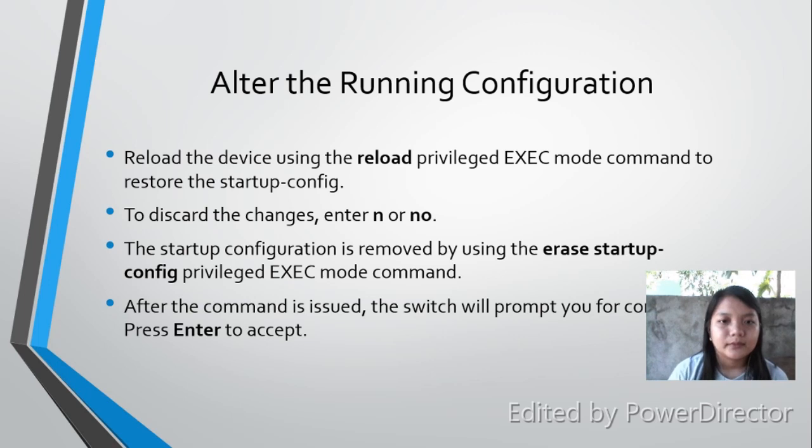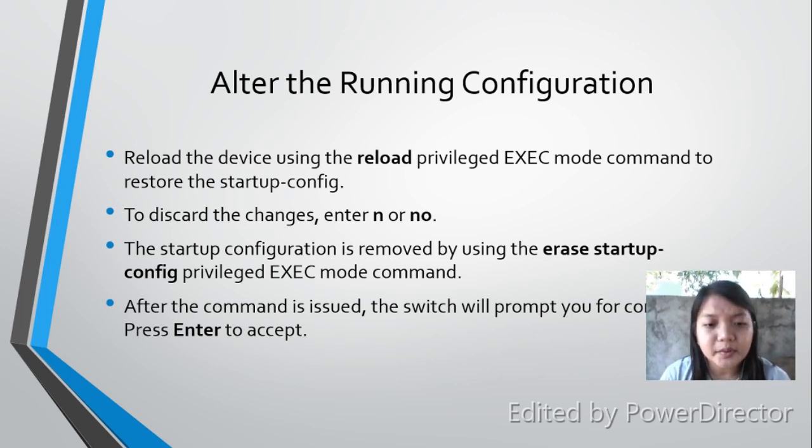Then to alter the running configuration, reload the device using the reload privilege exec mode command to restore the startup config. You just put the reload command. Then to discard the changes, enter N or no. After you type reload and enter, then you put N or no.